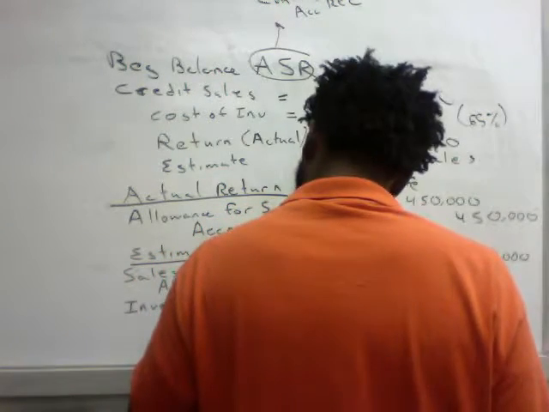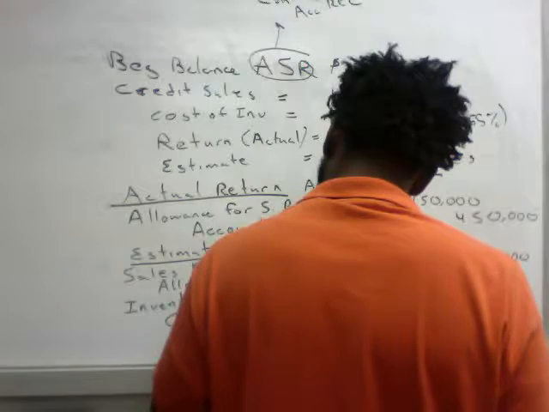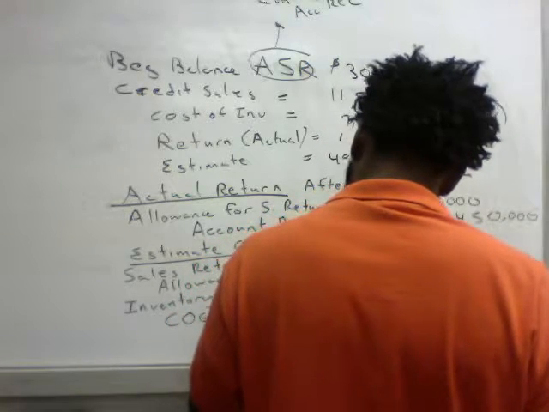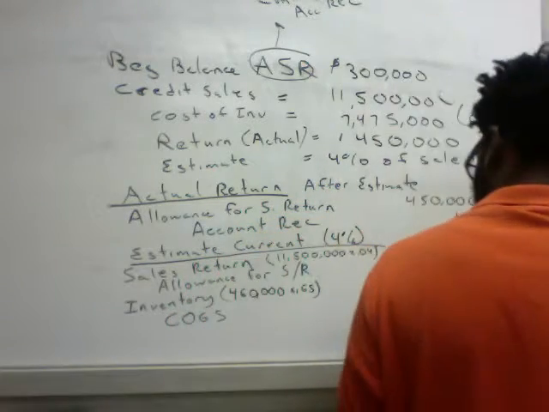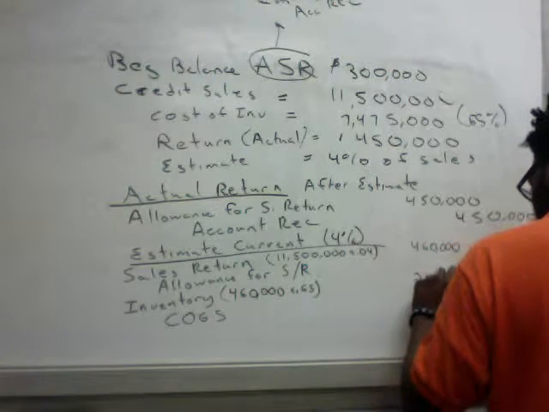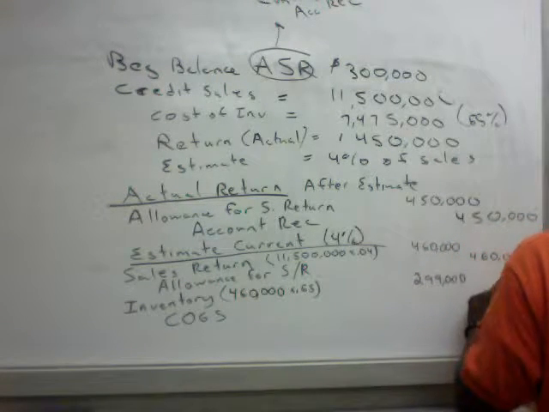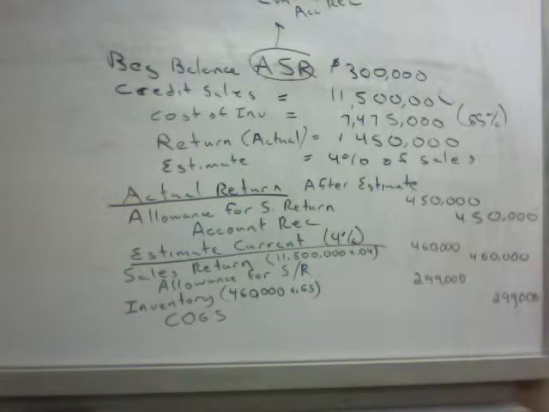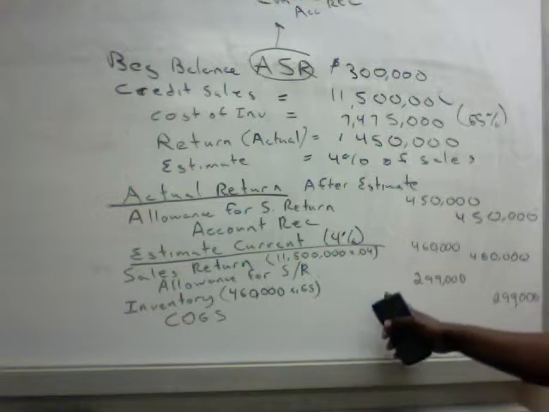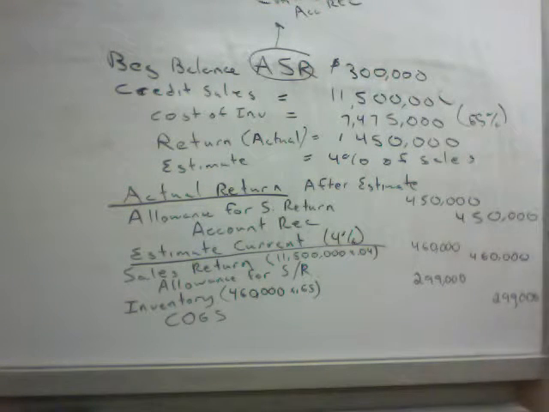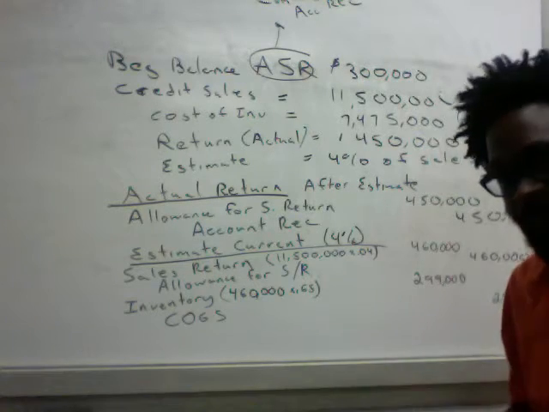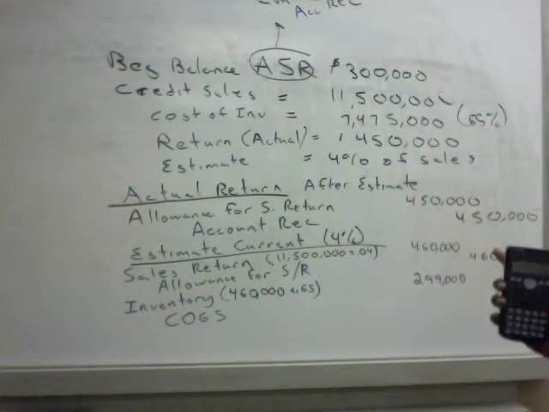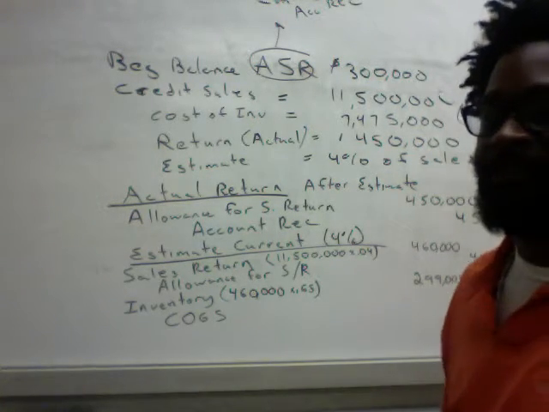So we take the 460,000 times 0.65, and that should get us $299,000. So this is our current year's estimate, moving forward to the following year. Okay? So make sure that you rewrite this and watch this again, because this is a good example connecting the dots for a sales return.